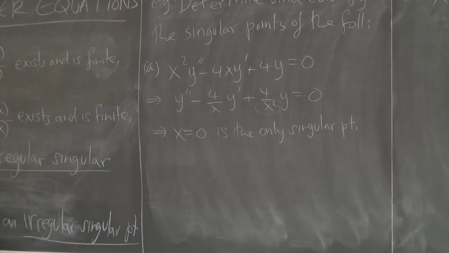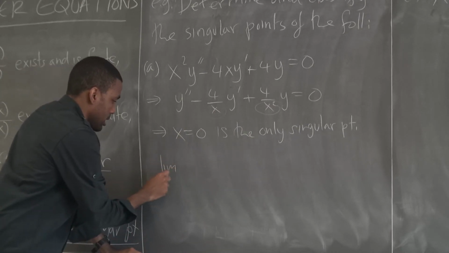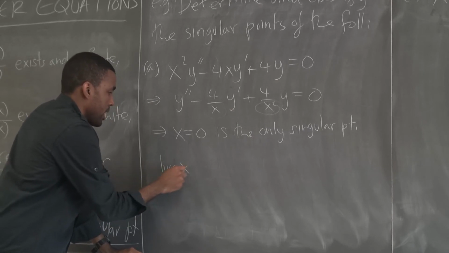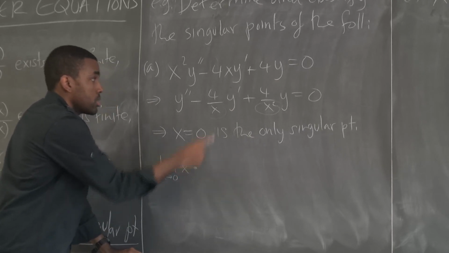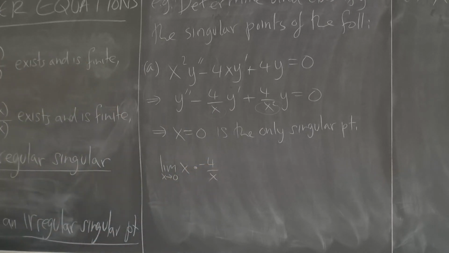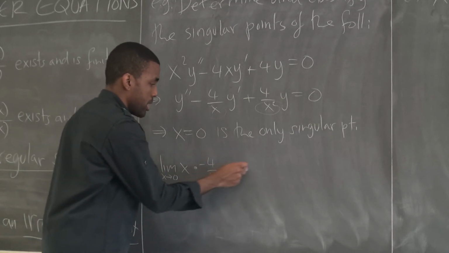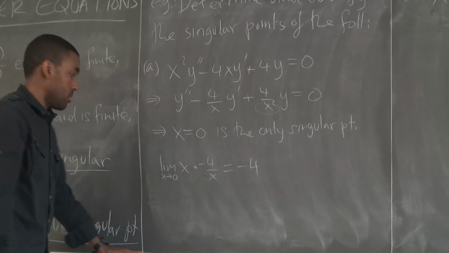And so what you do is you do this test, right? You plug in x naught for 0. So then we find the limit as x approaches 0 of x minus 0 times this function, minus 4 over x. And that limit, of course the x's cancel. This gives you minus 4, which is finite.